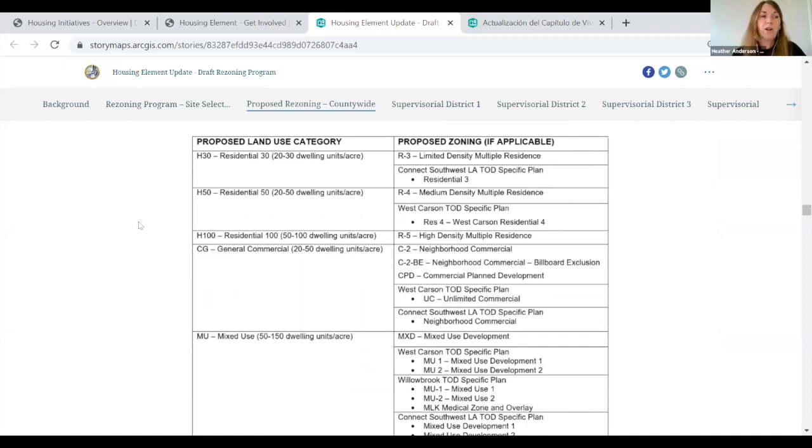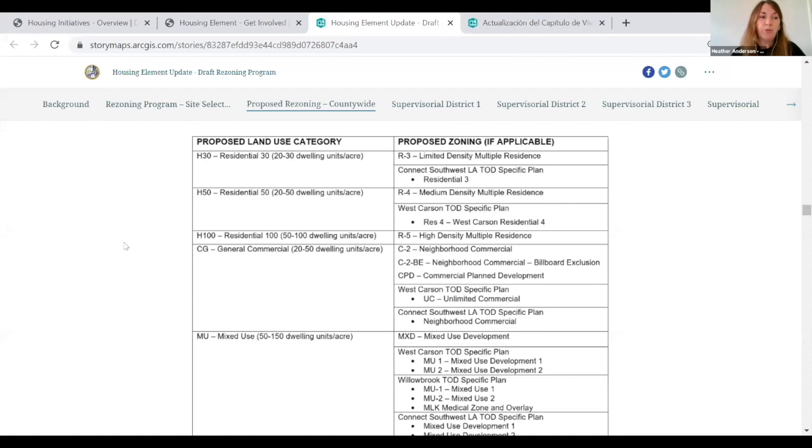For the parcels where additional housing opportunities are proposed, the proposed land use zone combination is always one category denser than the existing designation. For example, H30 with a maximum of 30 dwelling units per acre would become H50 with a maximum of 50 dwelling units per acre. CG, or general commercial, would become mixed use, or MU. And the corresponding zones are shown here.